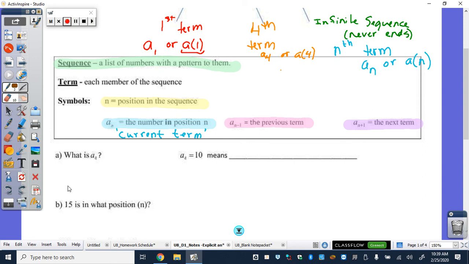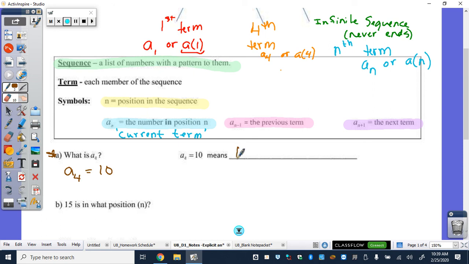So what is a sub 4? Looking at our first question here, a sub 4 just means you're looking for the 4th number in the sequence. So if I look at my sequence up at top, what's our 4th number? A sub 4 equals 10, because 10 is the number in the 4th spot.